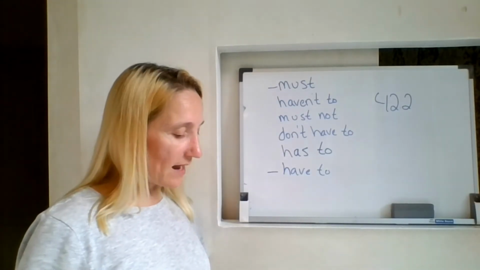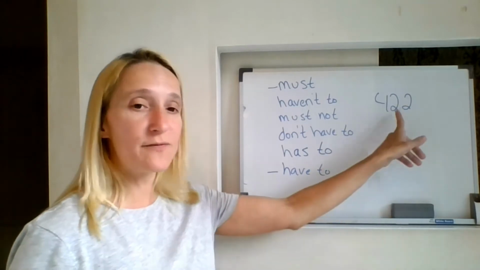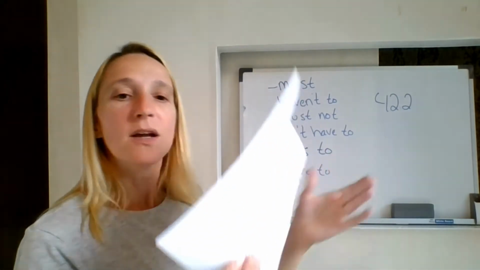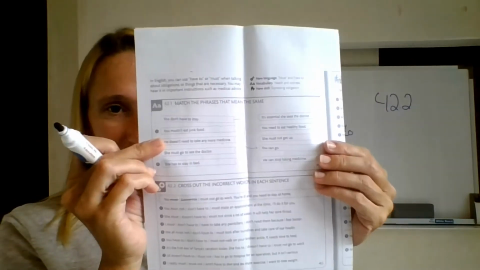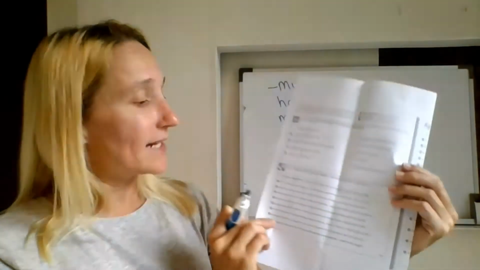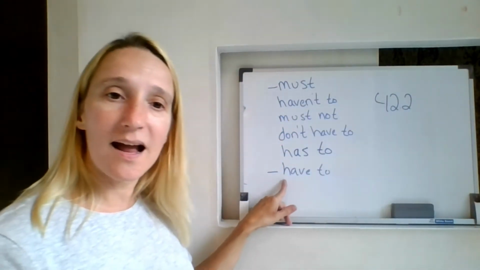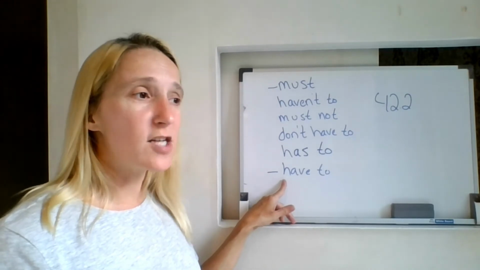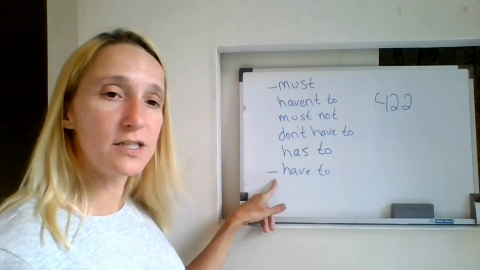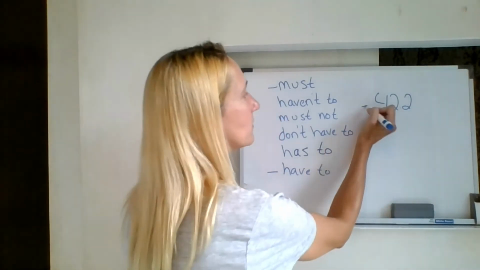Welcome back. We are now going to move on to exercise 42.2, which is at the bottom of the worksheet that you just finished with exercise 42.1. And down here, we're still staying with must and have to. And we're still talking about how must and have to can be equal.